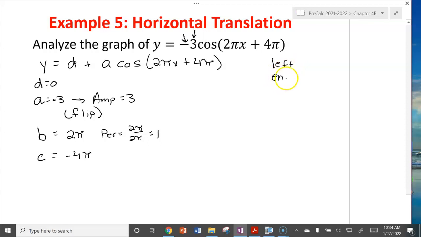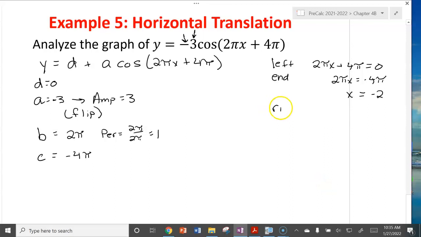So our left end point is 2 pi x plus 4 pi equals 0. 2 pi x equals -4 pi. So x equals -2. So my first critical point is going to be at -2. So I've got a phase shift to the left of 2.